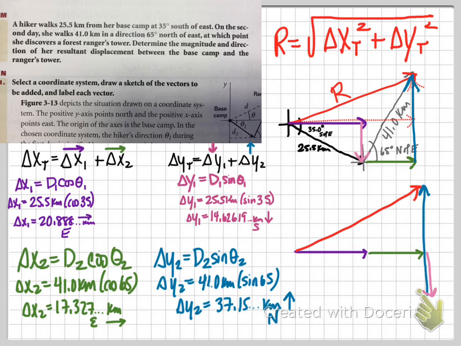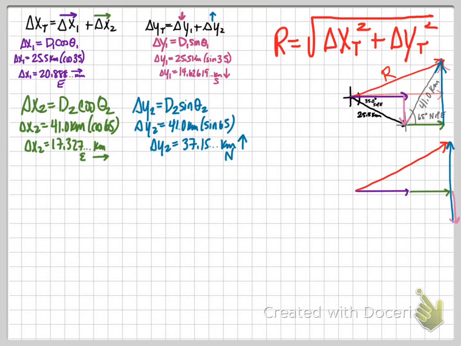So now let's plug it all into the Pythagorean theorem. Before we plug them in, I'm going to encourage you on any test, because I try to give as many points as possible, literally do this. Show me the X, the Y, and then show me delta X total equals 20.88 ... plus 17.327 ... Delta X total equals, remember, do not round.